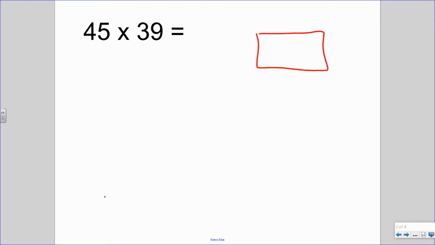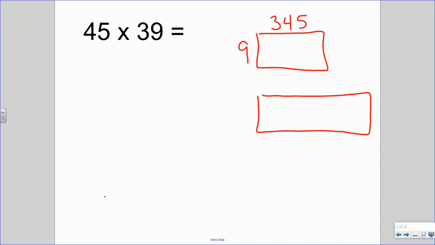So we switched over to something like this. If I had a length of 345 and a width of 9, well, I don't know my 345's times tables. And so what we did was we said, okay, I don't know what 9 times 345 is, but I can take 345 and I can break it down into expanded form. 300 plus 40 plus 5.